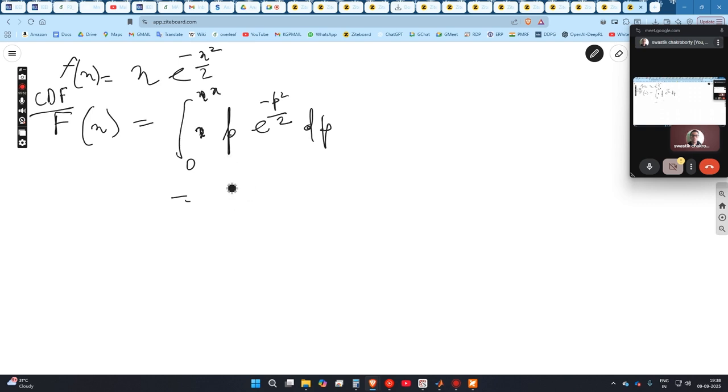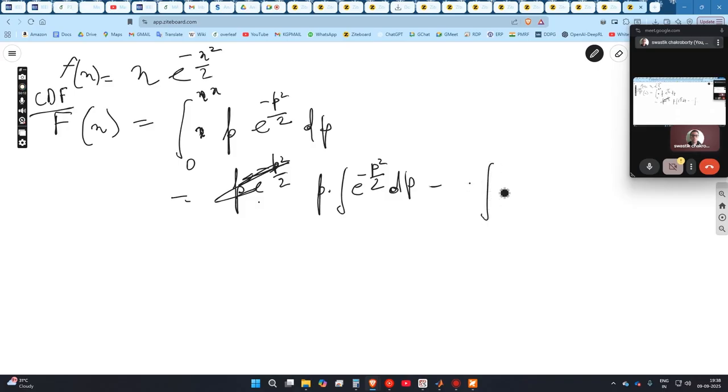So this is by parts. You do p times the integration of e to the power minus p square by 2 dp, minus the integration of 1 times the integration of e to the power minus p square by 2 dp.